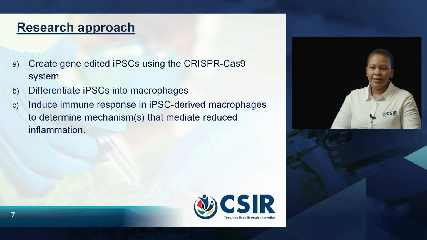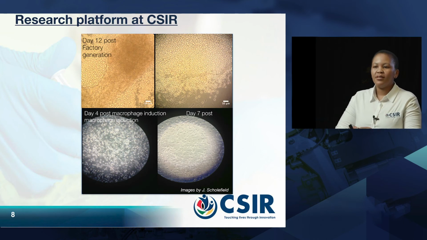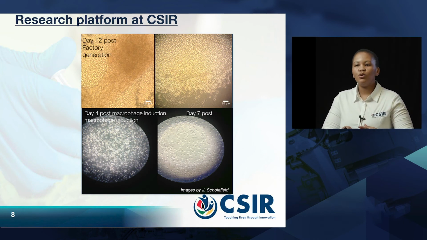Our research approach is to create gene-edited stem cells using the CRISPR-Cas9 system, and then differentiate them into iPSC-derived macrophages, which will then induce an immune response in order to determine the mechanisms that mediate the reduced immune responses that can be used to mitigate the systemic inflammation that is observed in different diseases, including COVID-19.